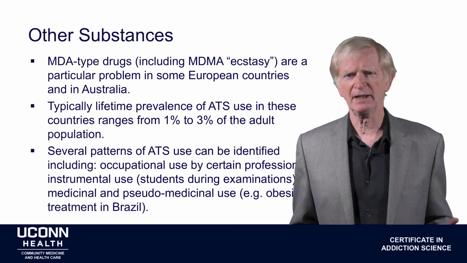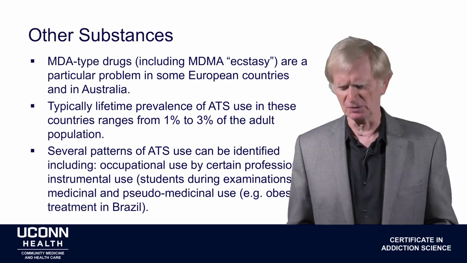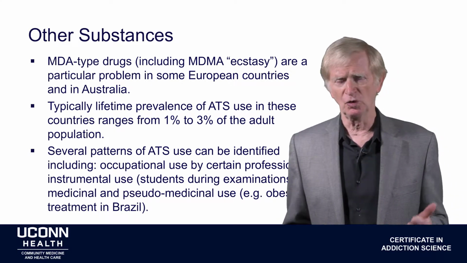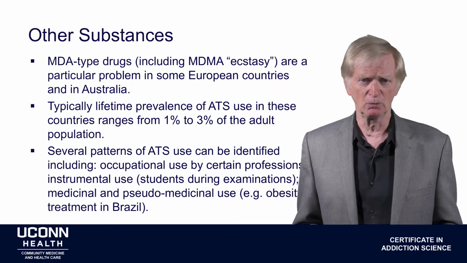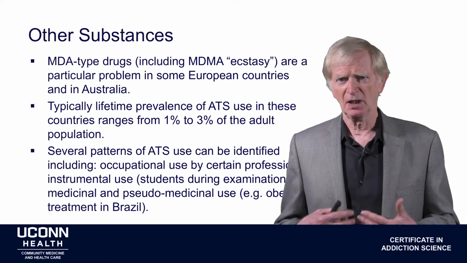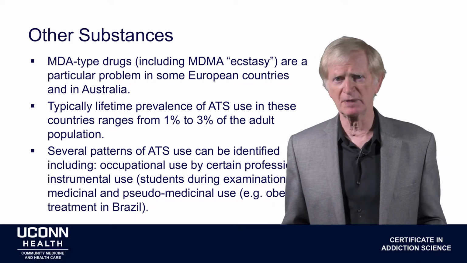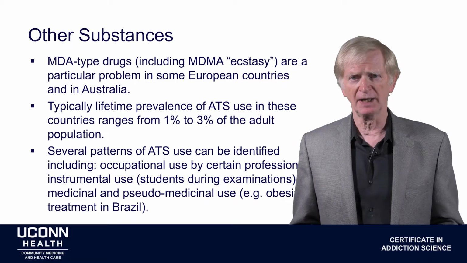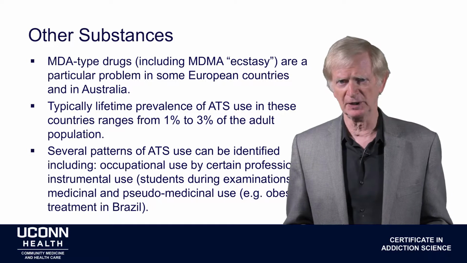So we have an example of epidemiology being able to use different types of indicators, often mortality statistics, in order to track an epidemic. Subsequently, we might incorporate and use survey methods in order to get a better idea of how a drug is being used within a population.